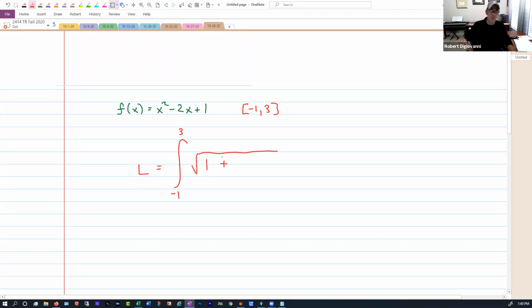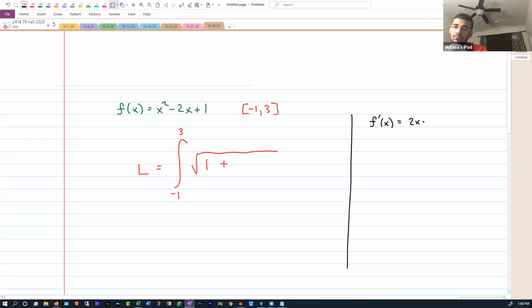Now I need to do some work on the side, because what goes in there? The formula says I need to take the derivative, stick it in there and square it, right? The derivative of that function is 2x minus 2. Now I need to square it.